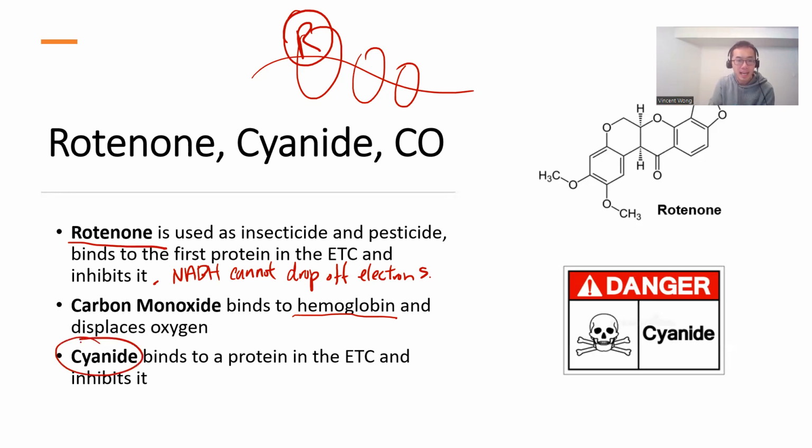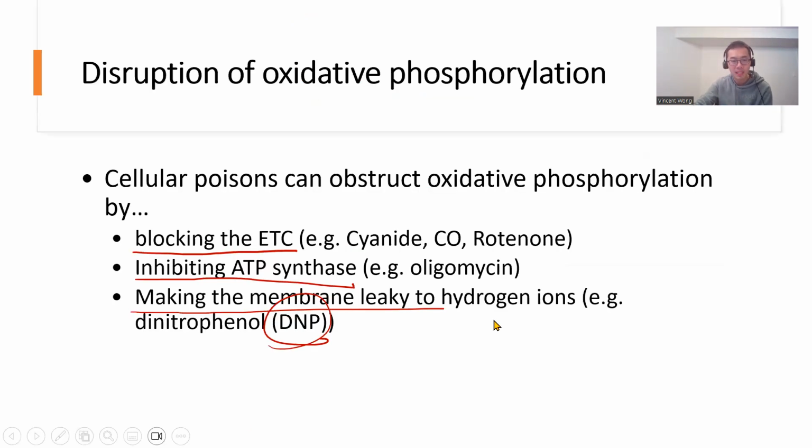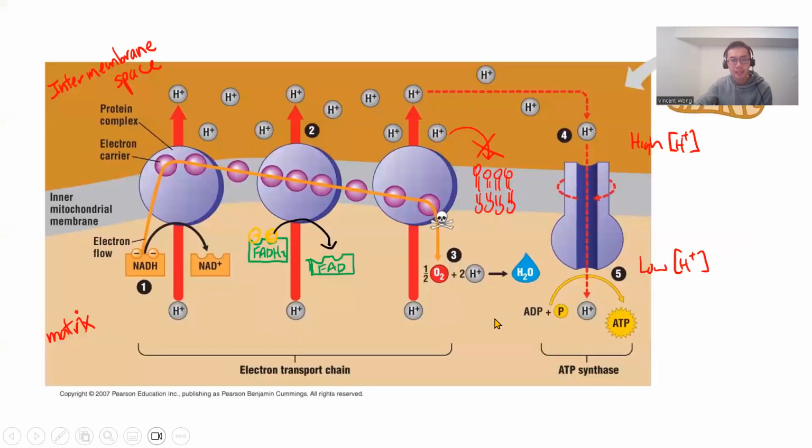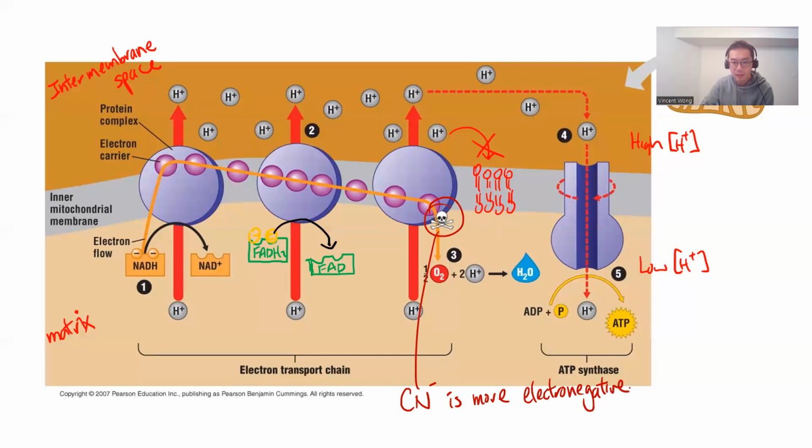All right, last one is cyanide. Cyanide binds to a protein in ETC and it inhibits it. The biggest problem with cyanide, which is what this skeleton head is showing, this is cyanide, CN. CN is more electronegative than O2. Okay.